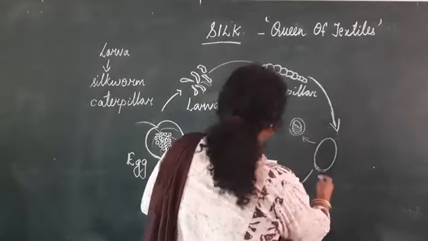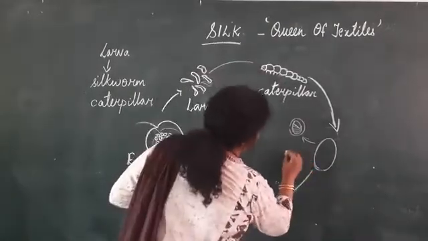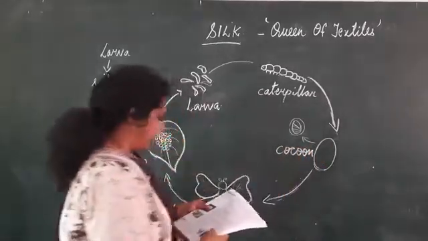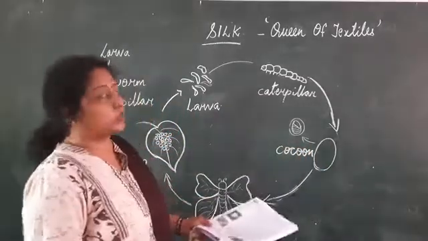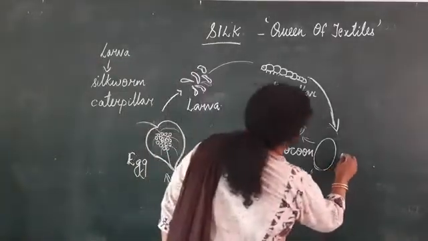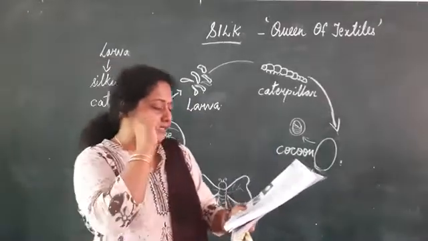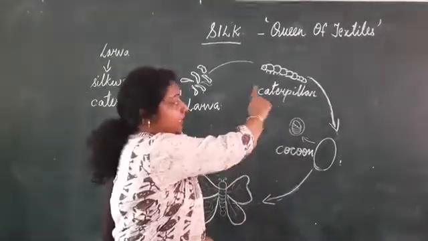This is the cocoon that you can see. This cocoon is also called the pupa. Cocoon or the pupa.